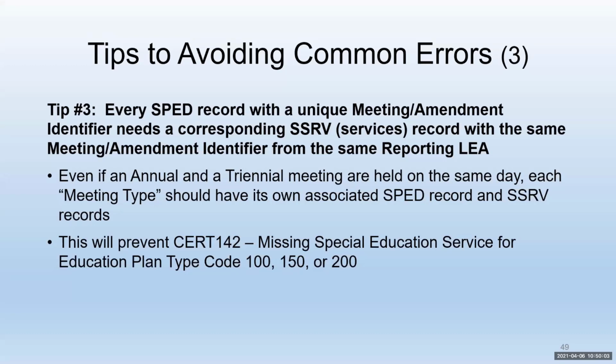Sometimes you will send services associated with the annual record, but not the triennial, or vice versa. So just remember, every unique amendment or meeting identifier has to have a corresponding service record with that same meeting or amendment identifier. That is why you will generate CERT 142. So just make sure that you're submitting services with every meeting type, even if the meeting was held on the same day.